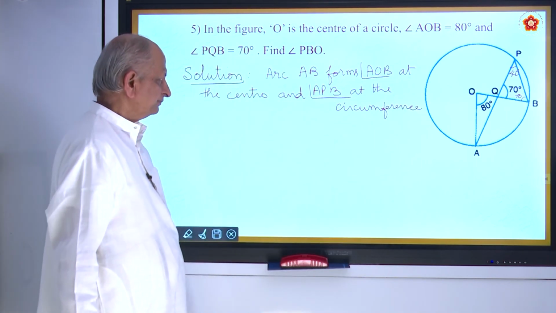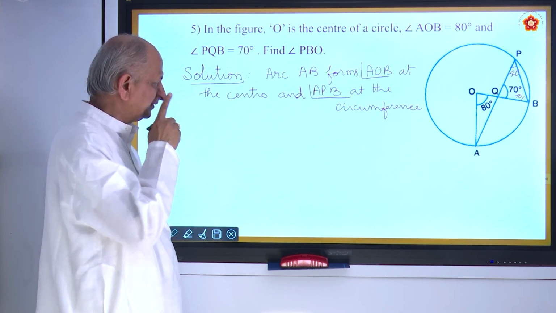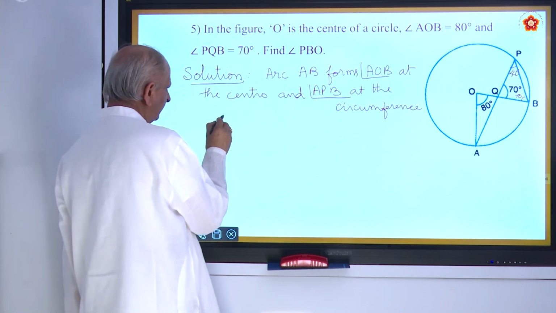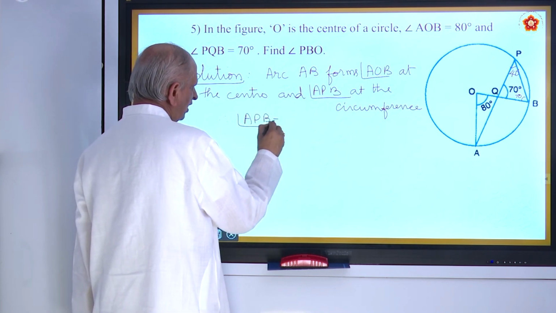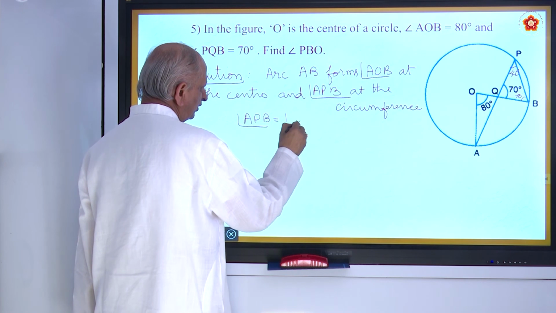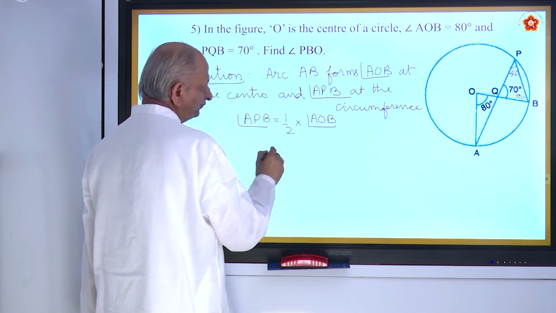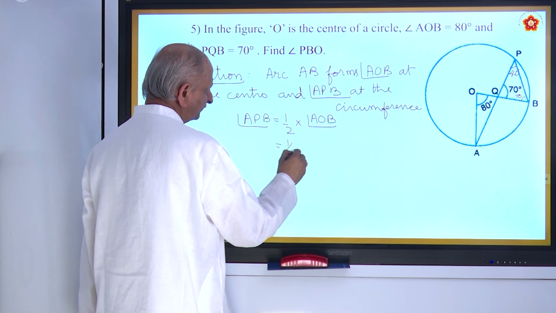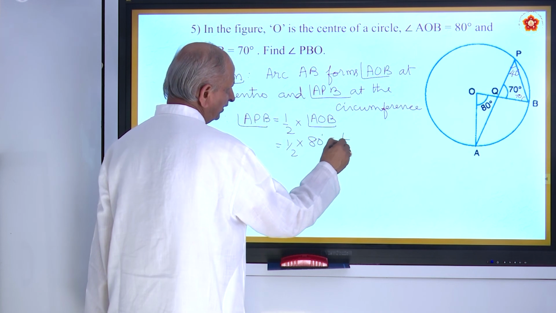So what is the relation? Angle at the center is double the angle at the circumference. Therefore, you can write angle APB becomes half of AOB. So, half of 80, that is 40 degrees.